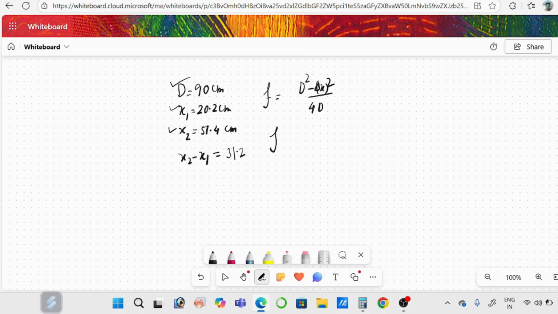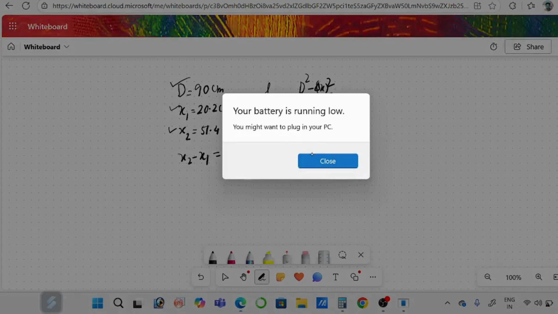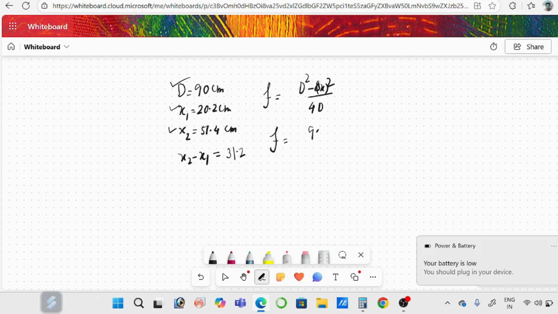Now put it here. So this will be 90 square minus 31.2 square divided by 4 into 90. Okay.